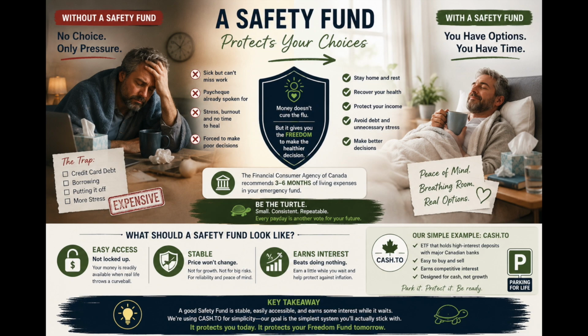Money didn't cure the flu, but it gave you the freedom to make the healthier decision. And that's something we don't talk about enough. The safety fund doesn't just protect your finances, it protects your ability to make good decisions when life gets difficult.